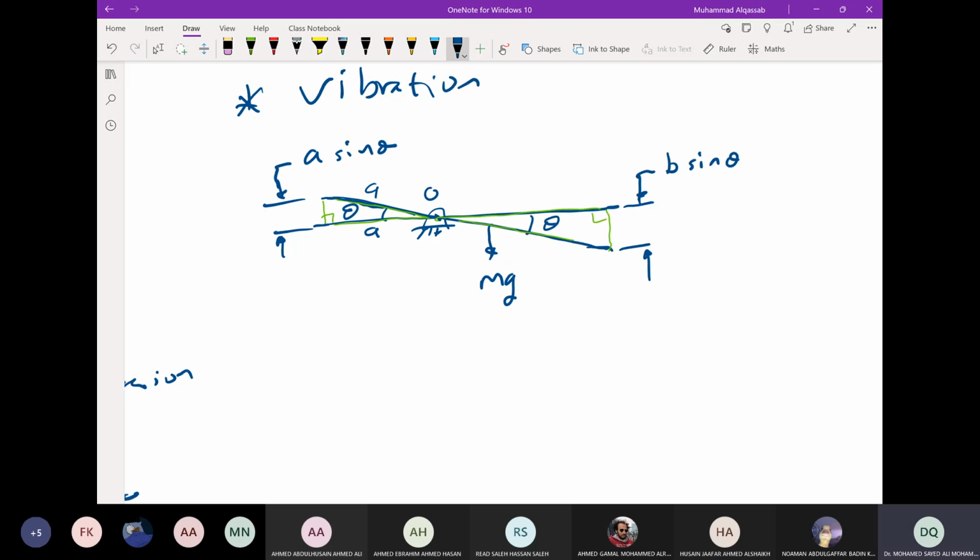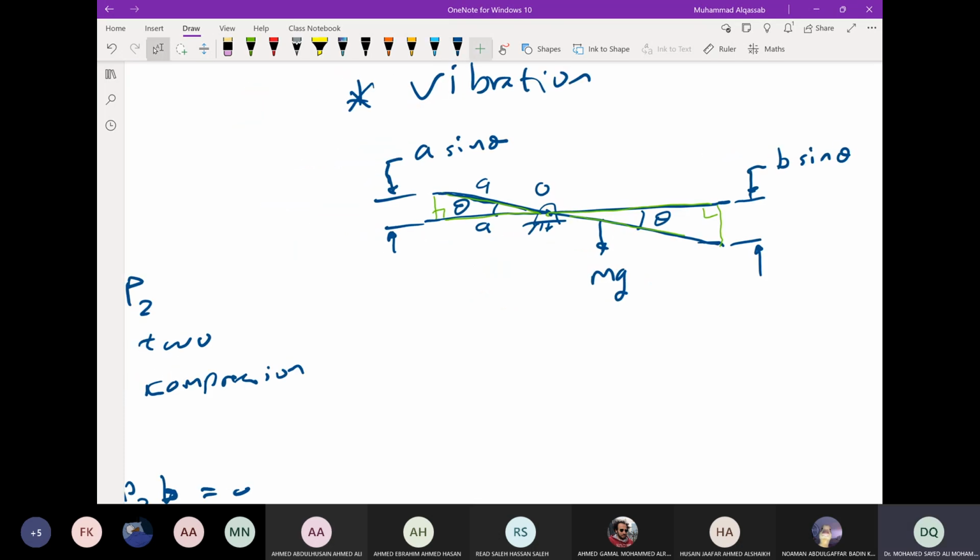Now, with the assumption that the spring is still under compression, as we did in the statics, it is going to be upward. But this force will not be P1, it will be less than P1 because the spring is opened.